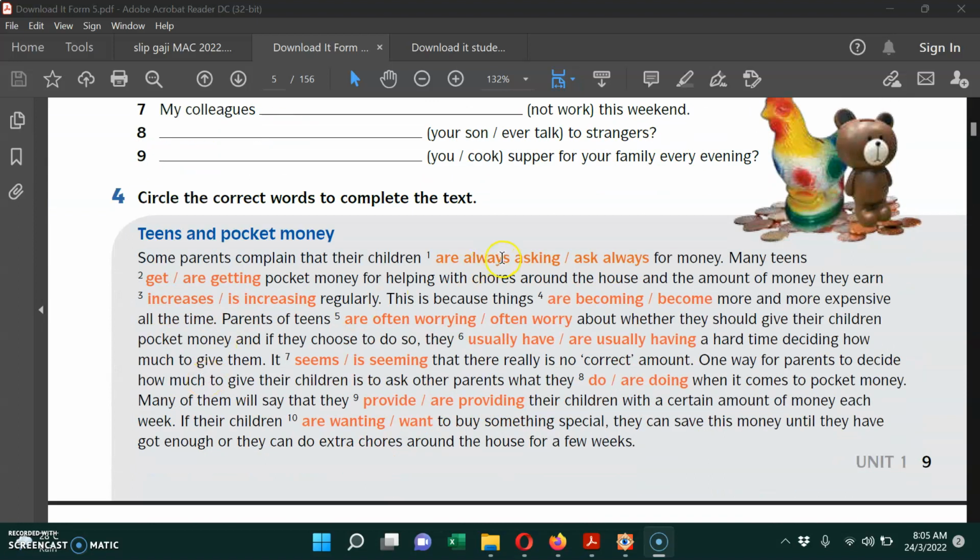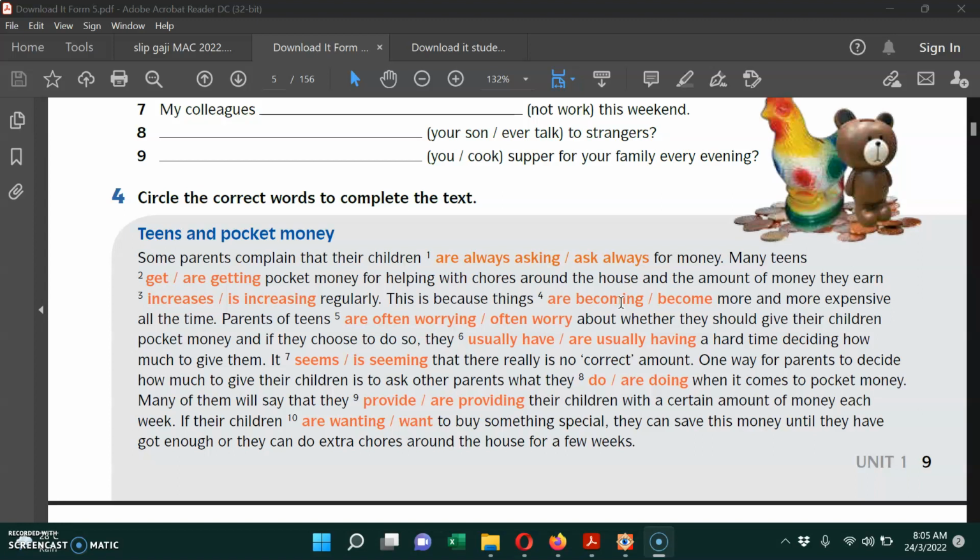The exercise number 4. Circle the correct words to complete the text. Maksudnya pilih jawapan yang betul untuk melengkapkan teks. Okay, teens and pocket money, remaja dan wang saku. Some parents complain that their children are always asking, selalu meminta for money. Are always asking for money.